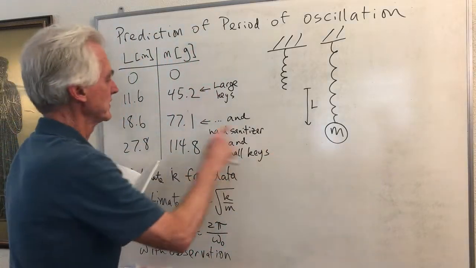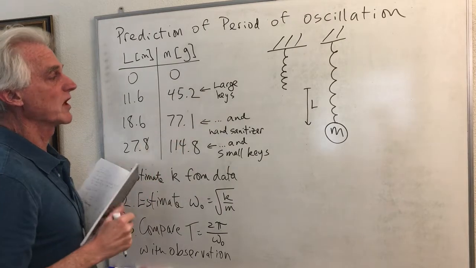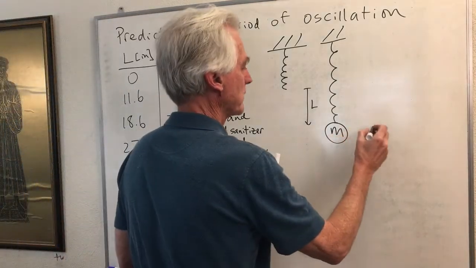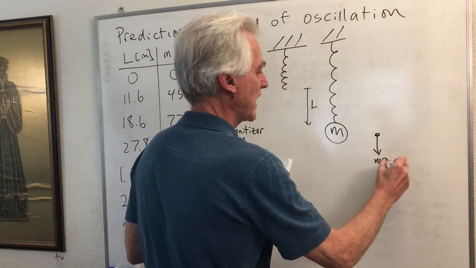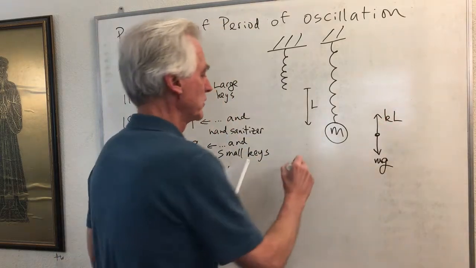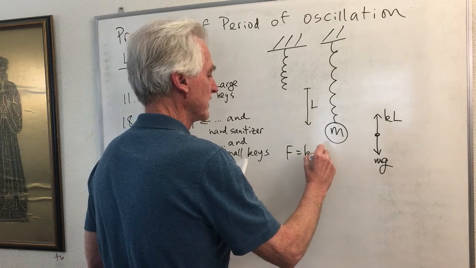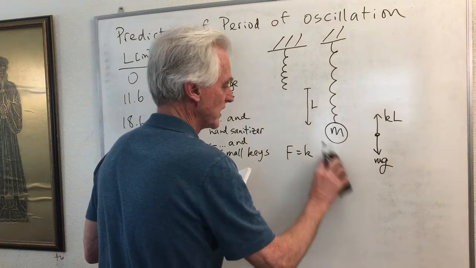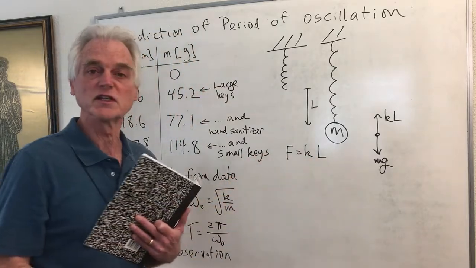And this M in this case is the 77.1 grams. So if I draw a free body diagram for this, we have mg down and we have KL up. Because Hooke's law is force is K times X, or we'll say now K times L. The force is proportional to the displacement.